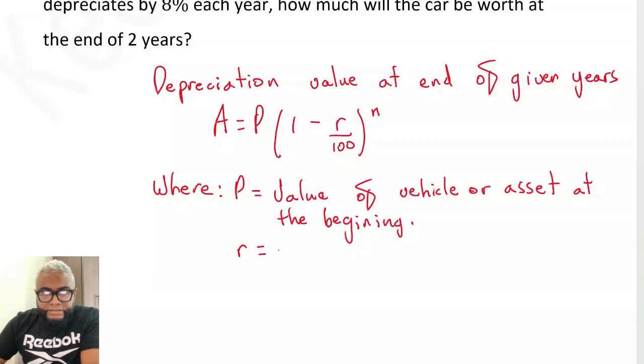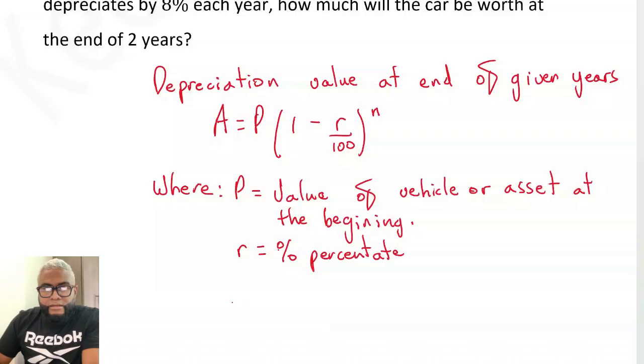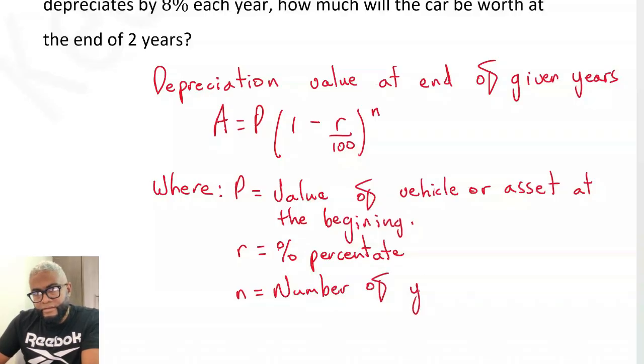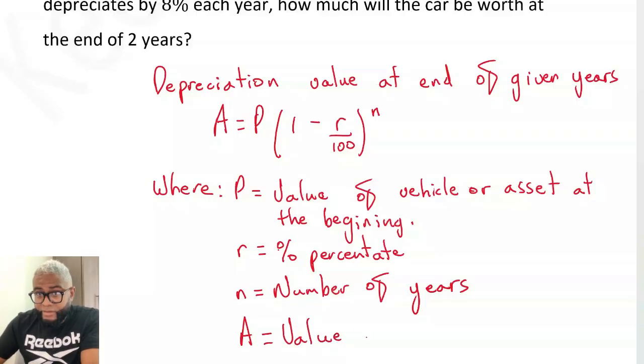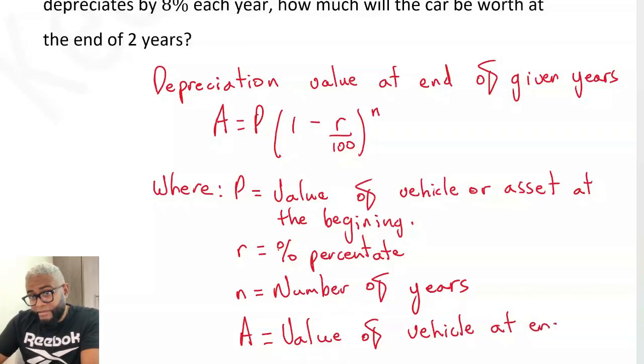R is the rate, right, or the percent. N is the number of years. And of course, A is the value of the vehicle at the end.